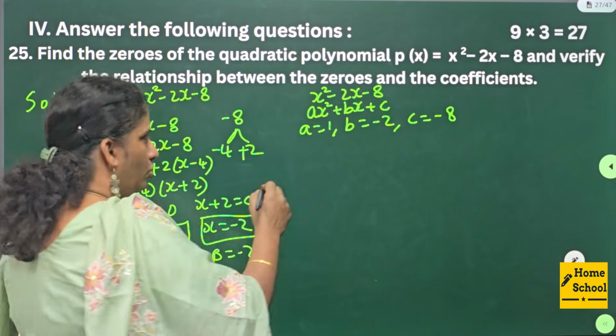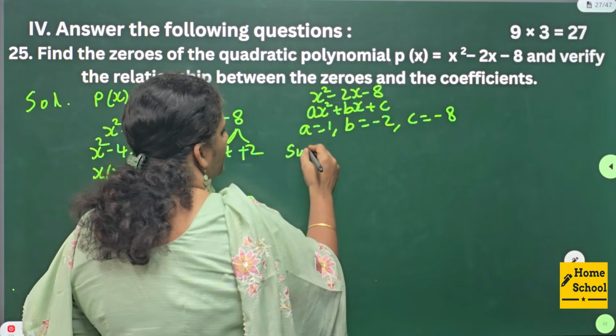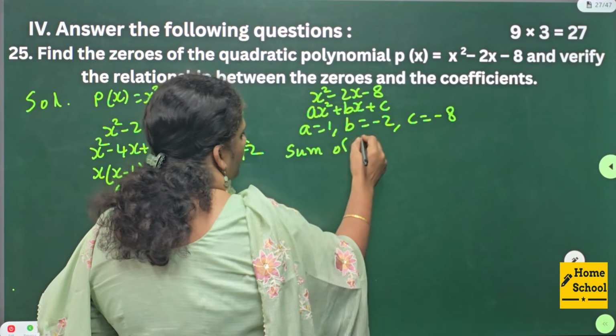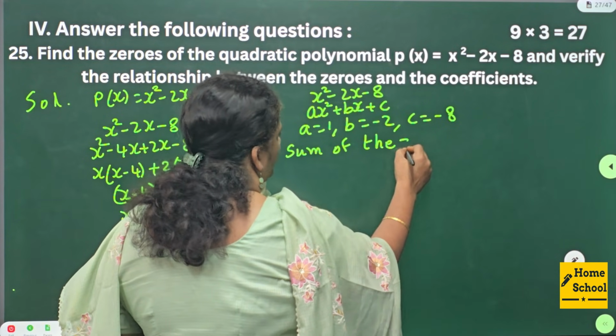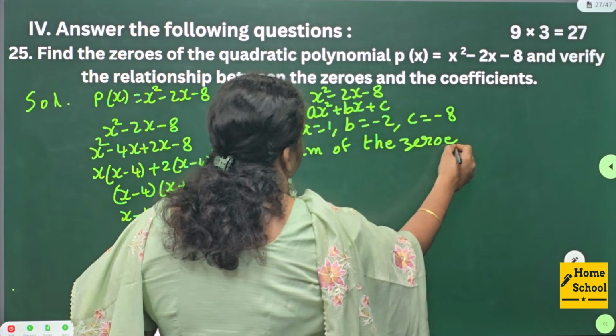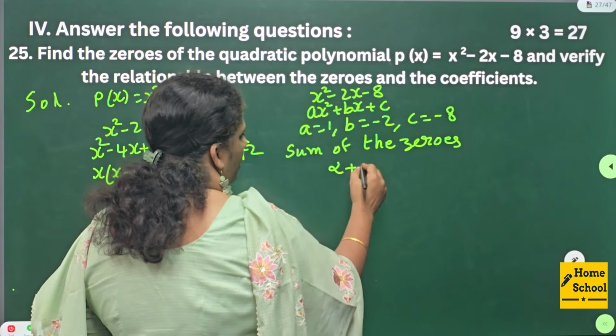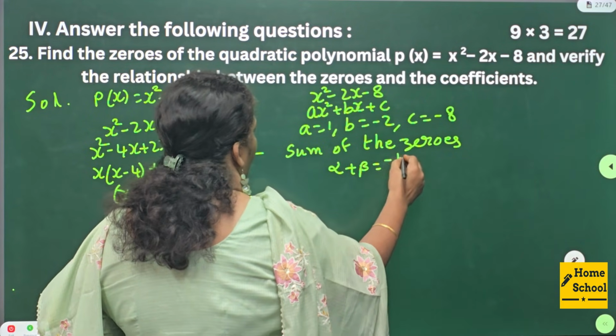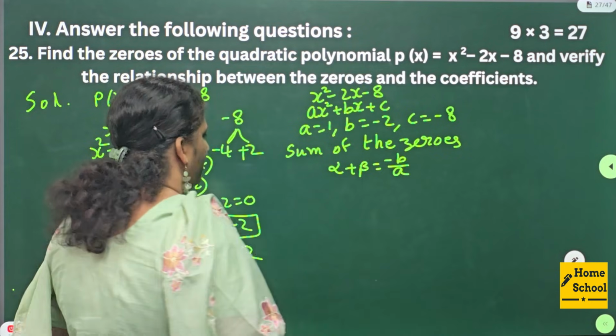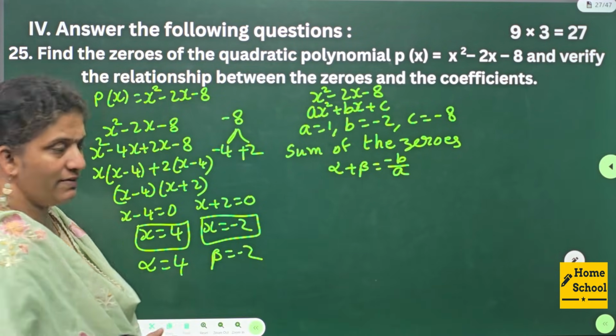Right? We know sum of the zeros. What is the sum of the zeros formula? Alpha plus beta is equal to minus b by a. We know alpha is 4, beta is minus 2.